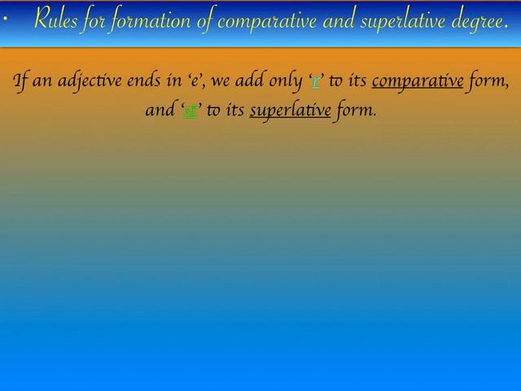So students, now you need to remember that when an adjective is ending with E, then we will add only R to comparative form of degree and ST to its superlative form of degree, because in both the cases E is already there, so we don't have to add ER or EST, just like we did in the previous one.